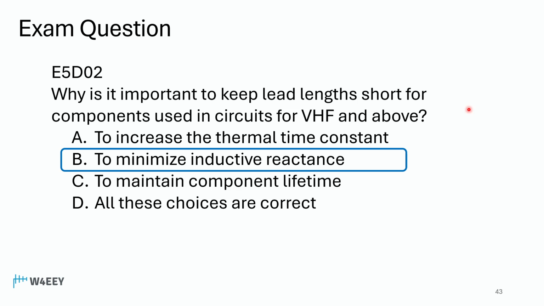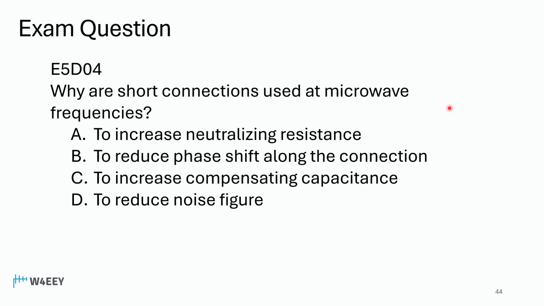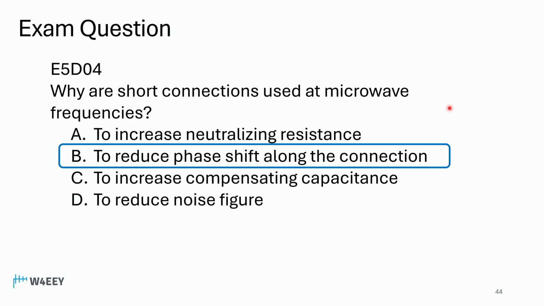Well, actually, a wire lead all by itself has some inductance. And that's why they want to keep these lead lengths very short. Why are short connections used at microwave frequencies? B. It is B, to reduce phase shift along the connection. Just a different way of describing something that we've talked about in the past.